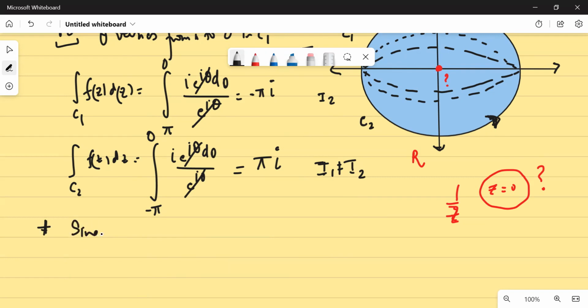Since 1 upon z is non-analytic at z equal to 0, that is z equal to 0 is an isolated singularity here.